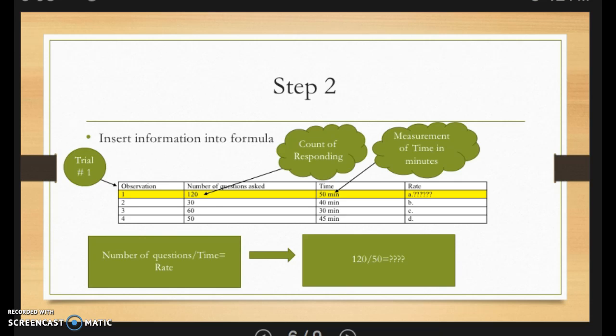We want to use the number of behaviors that were counted in the amount of time it was counted in, in the same trial. So we're going to insert our count of responding into the number of questions, our numerator, and then we're going to take the measurement of time in minutes and put that in our denominator. And then once we do that division problem, we're going to get a rate.